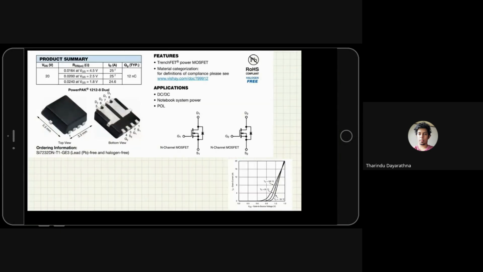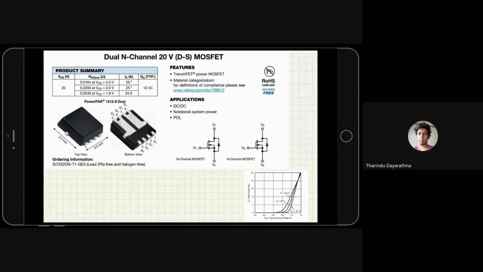If you go here in the data sheet, if the VGS is 1.8, it will give 0.02 ohm resistance, which means it's almost like a conductor, because of very small resistance here. Otherwise, you can see somewhere here, less than 0.6 or 0.9 is not so good. It's not conducting well.